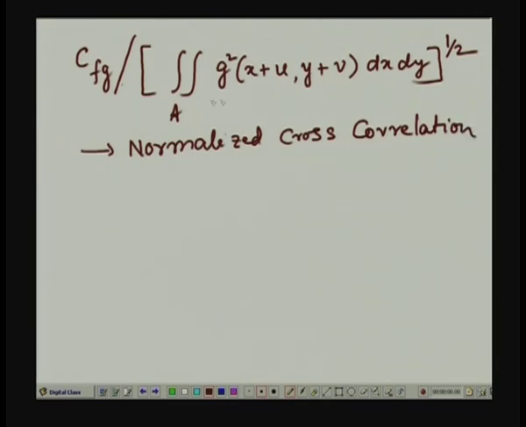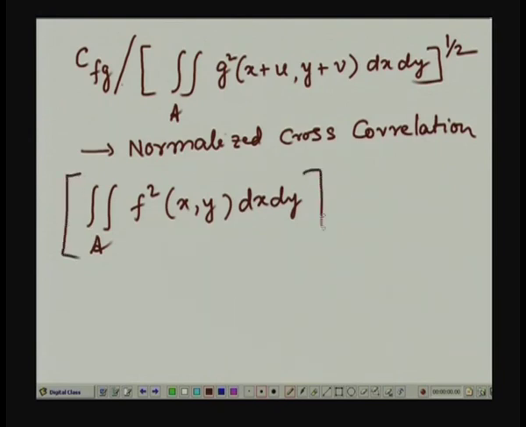So, once we consider this normalized cross correlation, you find that it will take the maximum possible value, which is given by the square root of the double integral of f square x y dx dy over the region A. Because this is fixed, the region of integration is not very important.